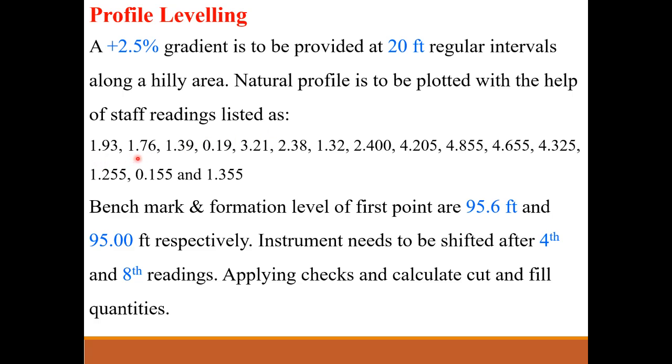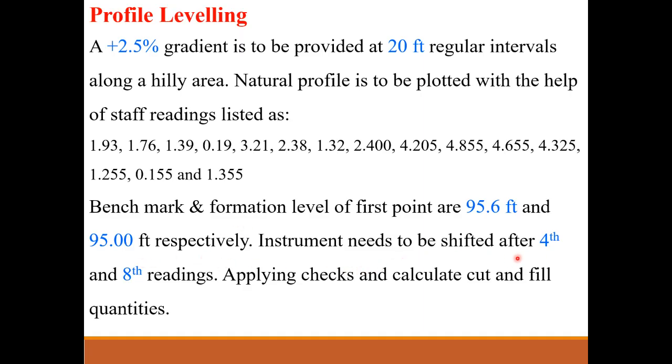1.93 is the first reading, 1.76, 1.39, all these are staff readings taken. Benchmark and formation level of the first points are given to us: 95.6 feet benchmark and 95 feet is the first formation level respectively.